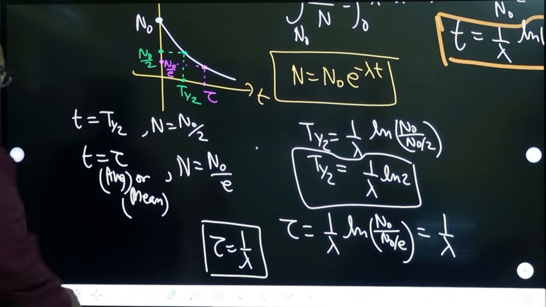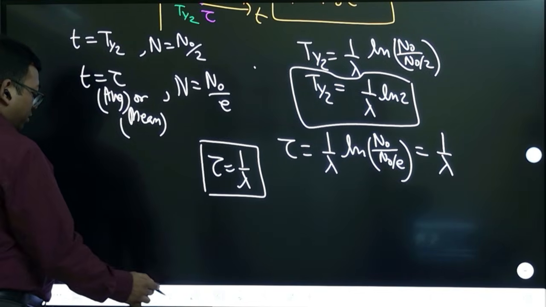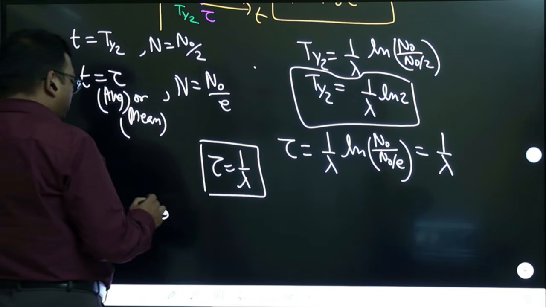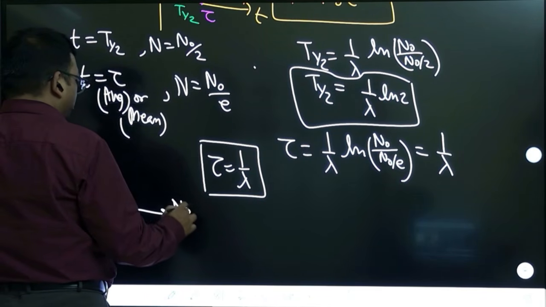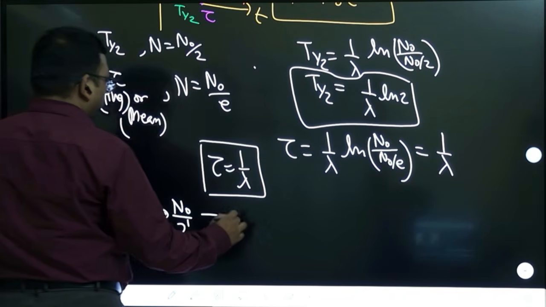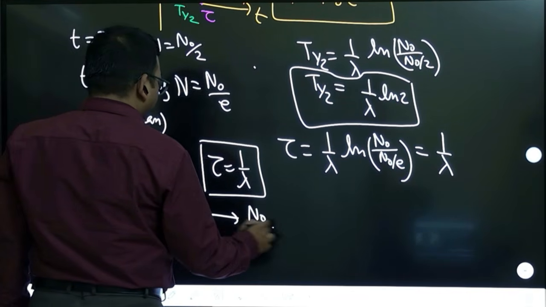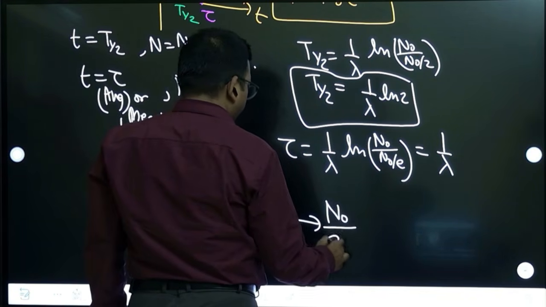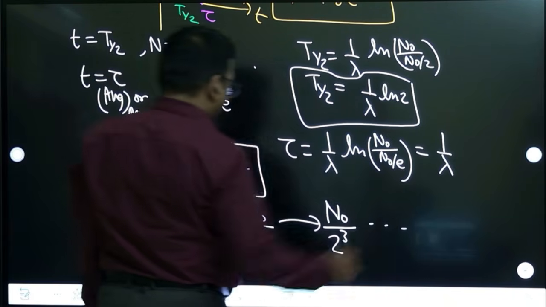And also we should remember that, let us say initially it is N naught. After one half-life it becomes N naught by 2 to the power 1. After two half-lives it is N naught by 2 to the power 2. After the next half-life it will become N naught by 2 to the power 3. Like that it will continue.